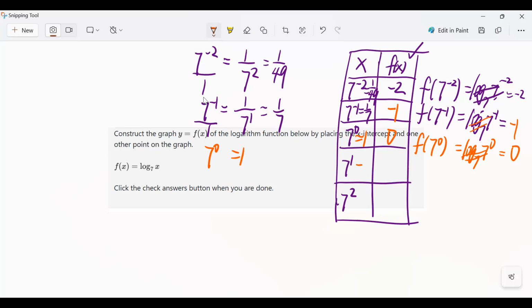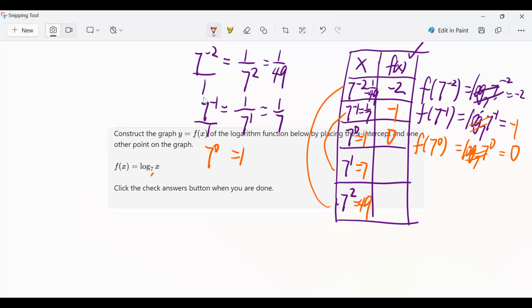And then f of 7, this is 7, that's 49. As you can see, these are inverse, these two are reciprocal. So as you can see, when the y value goes up by 1 unit, then the x value becomes 7 times as much. Notice that.